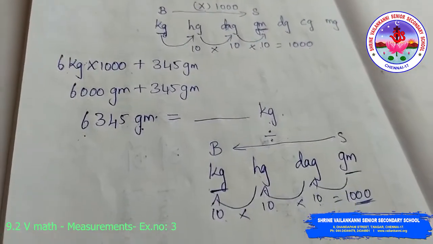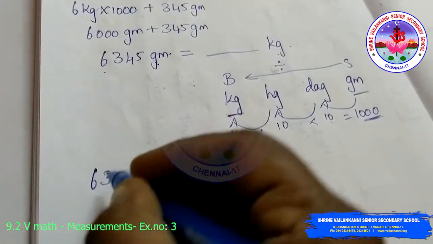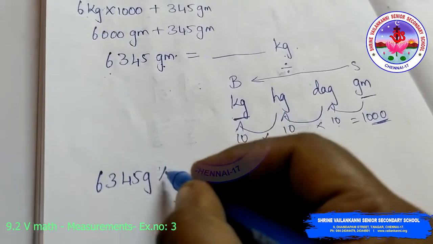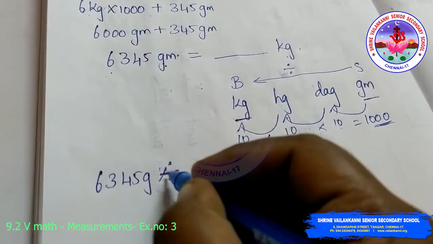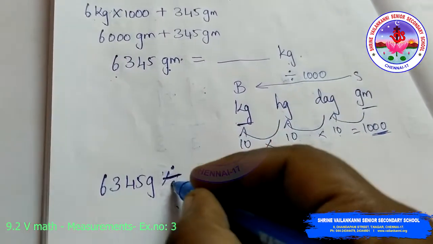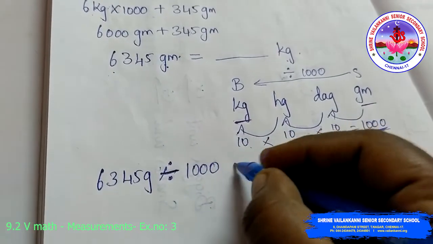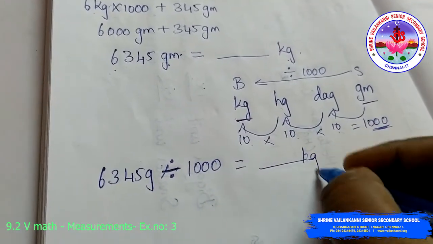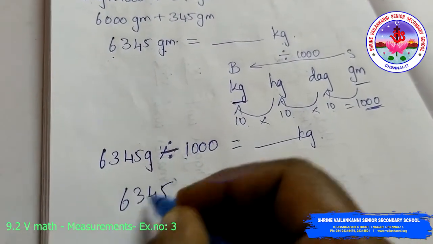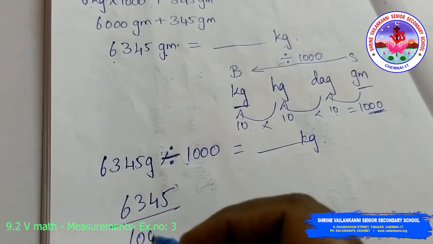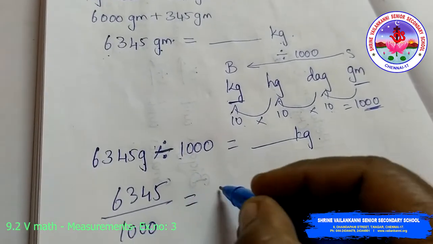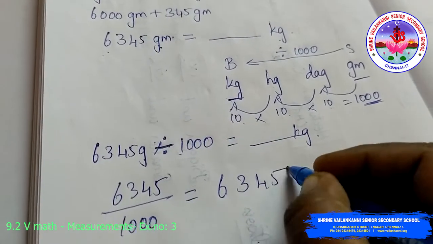So this 6345 gram divided by 1000 will be converted to kilogram. Now 6345 by 1000. I am directly going to do the answer, writing the numerator as it is.